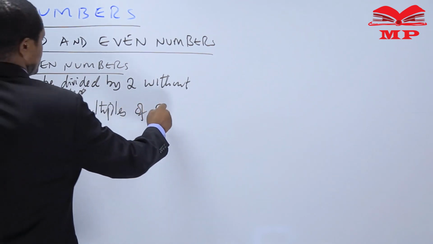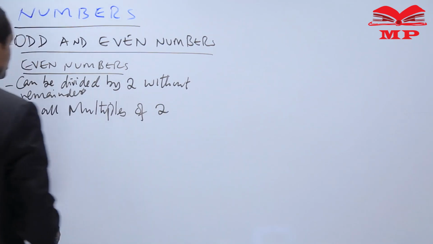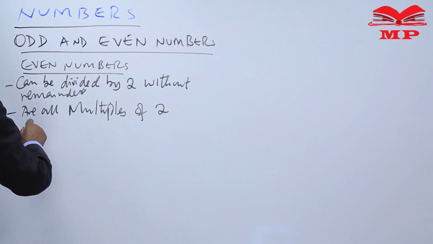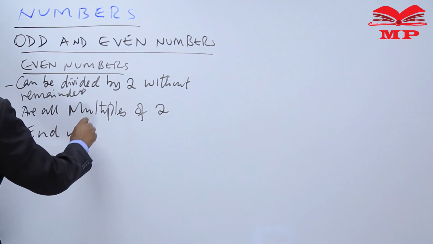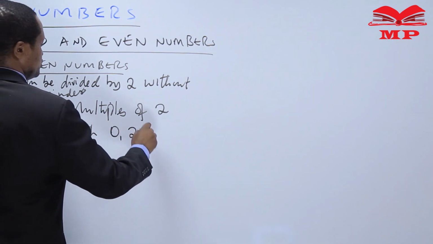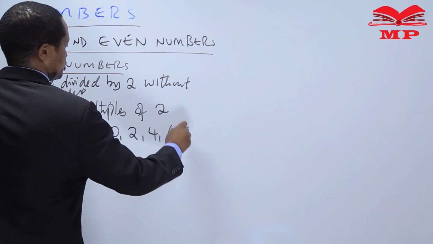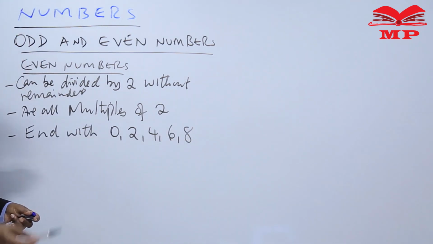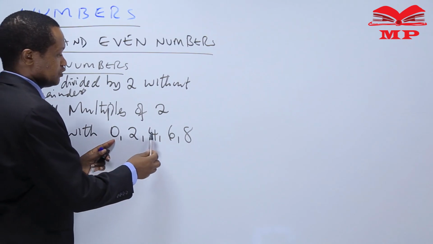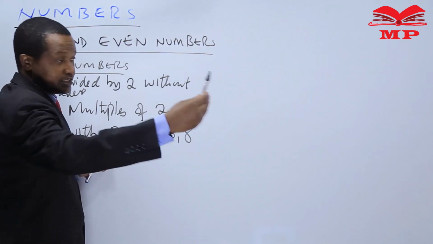We also say that even numbers are all multiples of 2, and we also say that even numbers end with 0, 2, 4, 6, or 8. Any even number will have either 0, 2, 4, 6, or 8 at the end.